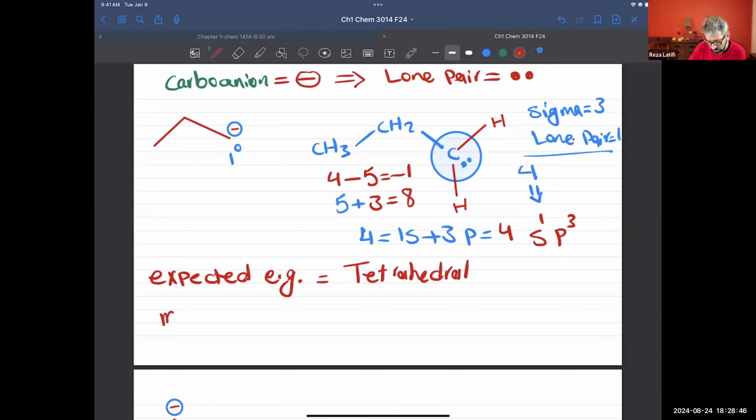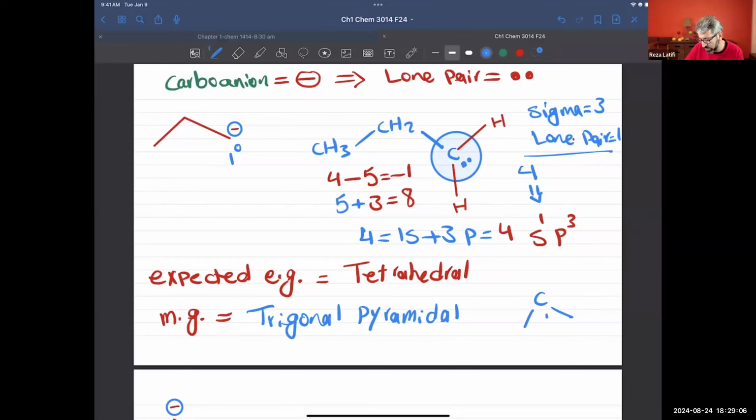But the molecular geometry is not going to be equal to the electron geometry because there is a lone pair. It will be trigonal pyramidal. You have a carbon attached to 3 groups, and there is a lone pair there. Let's say you have a carbon here, and that one is hydrogen or whatever, and you can put 2 hydrogens, doesn't matter.